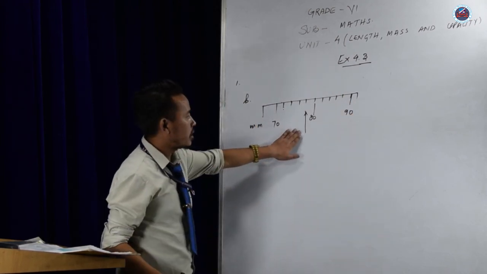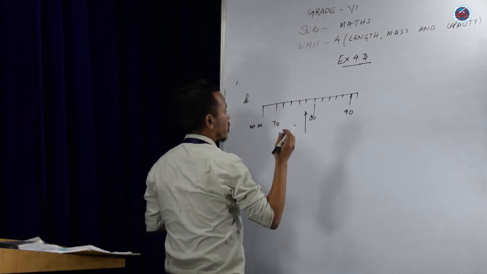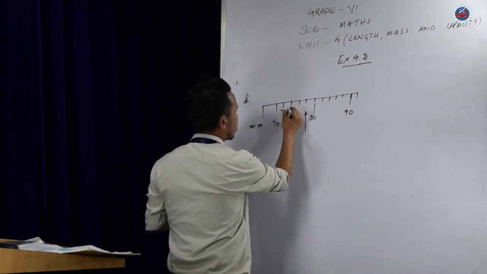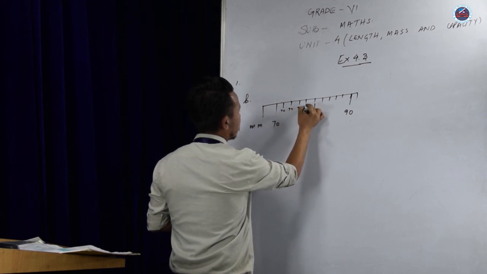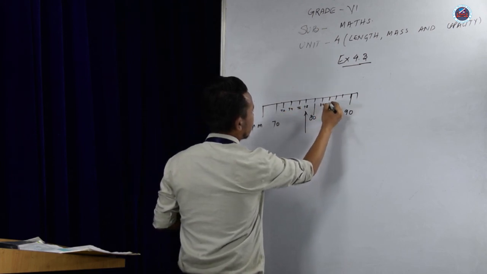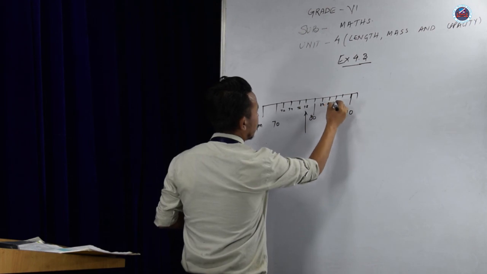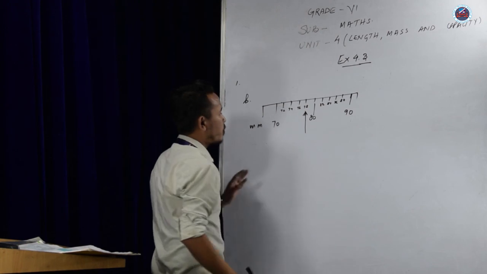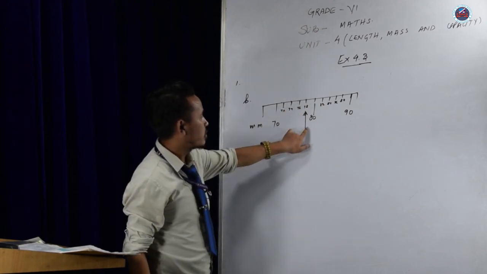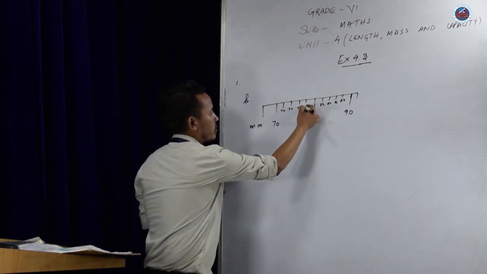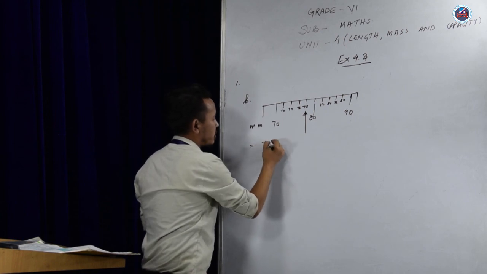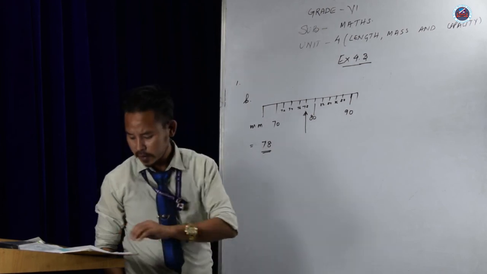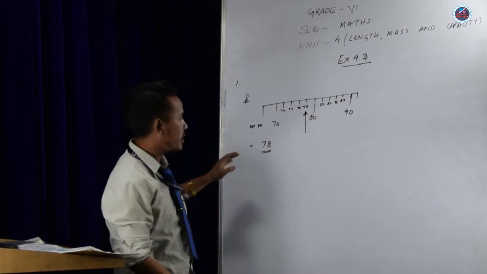If you want to avoid any confusion, it is better to write 72, 74, 76, 78, 82, 84, 86, 88. So we can see that the value right here is 78. Now, moving on to the next one, number D.